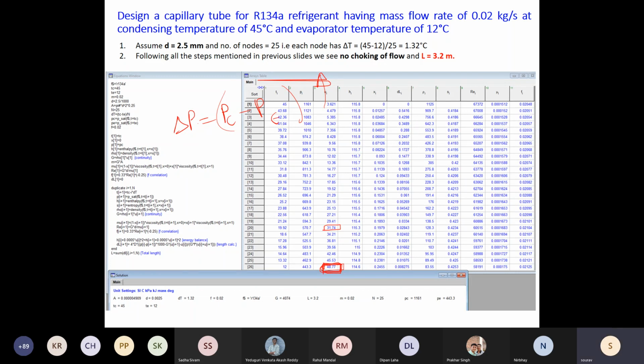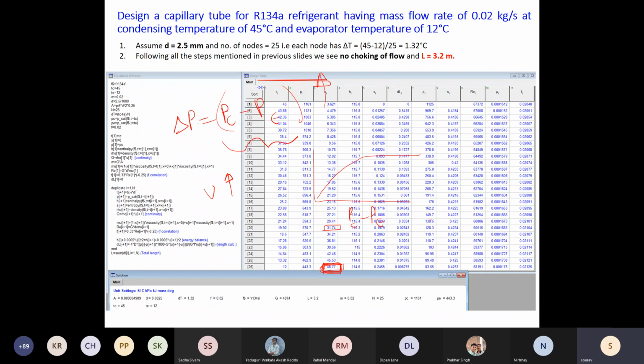You will see that if you increase this difference, the velocity increases. That's quite natural. If you apply a larger pressure drop across a tube, the velocities would be larger inside the tube. So as I increase this PC minus PE across the capillary tube, velocity increases, and at a particular velocity, the critical velocity, it gets choked.